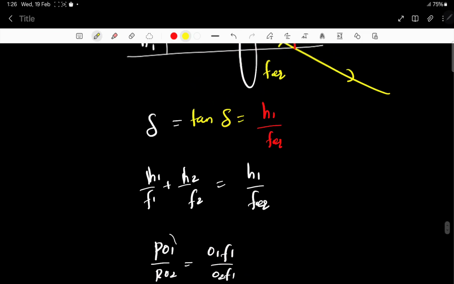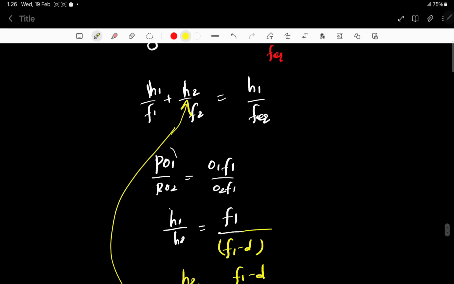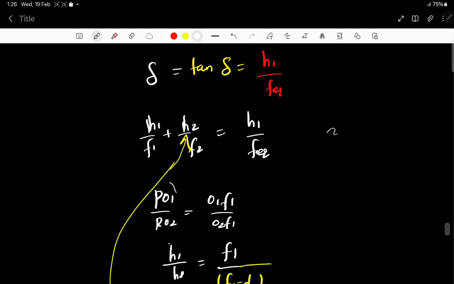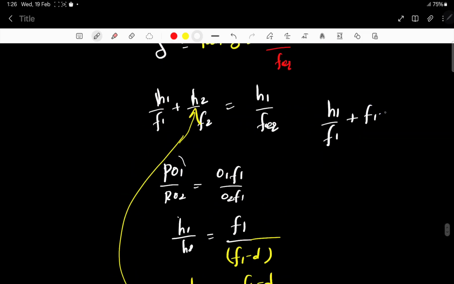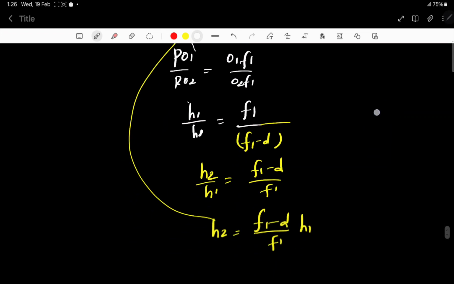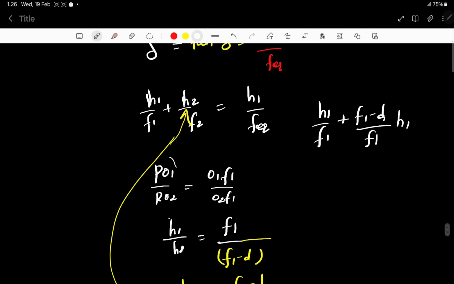I can substitute this H2 over here. If I do that, I have H1 by F1 plus F1 minus D by F1 into H1 over F2, equal to H1 by F equivalent.